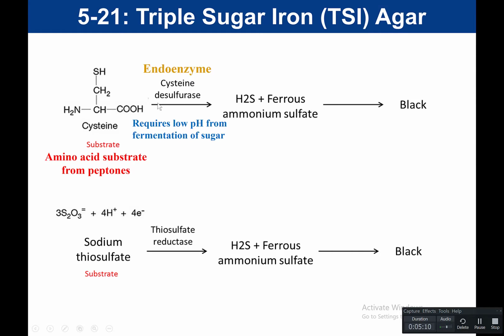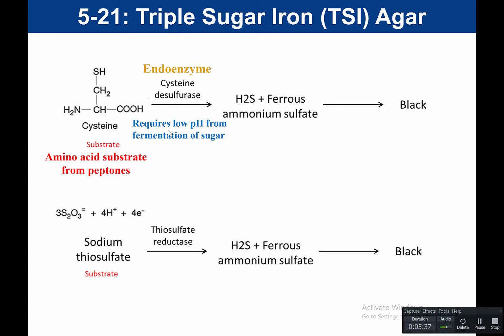But in order to do that, it requires a low pH. So in order to form this H2S, one of the requirements is that you have a low pH. The low pH comes from when the bacteria ferments the sugar, because remember that if sugar is fermented, it's going to produce acids. The acids are going to lower the pH.